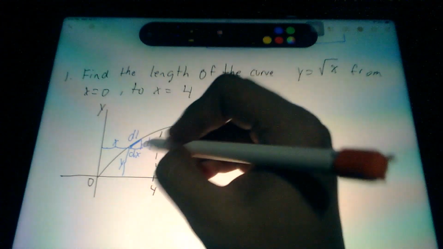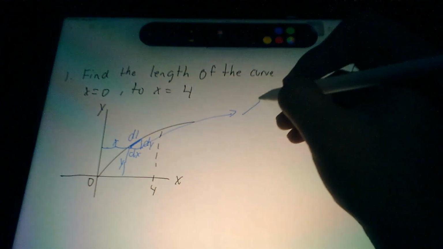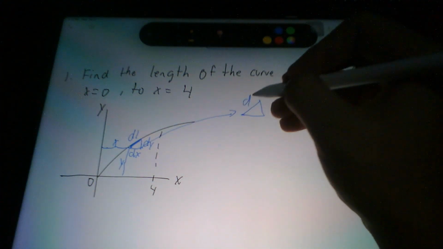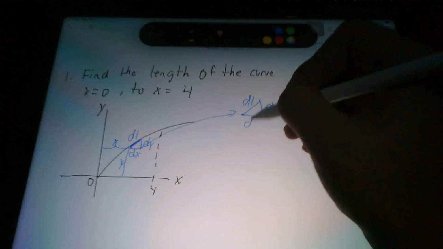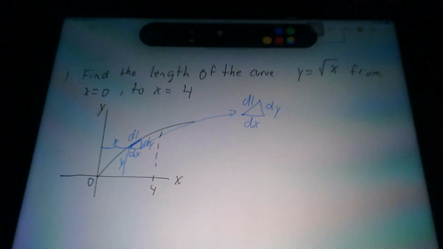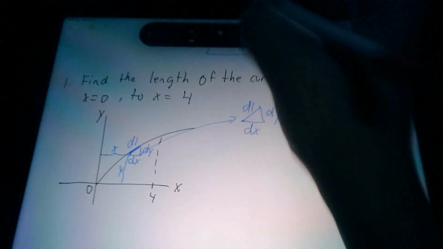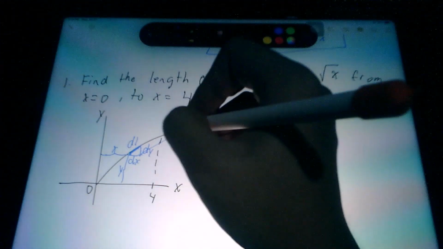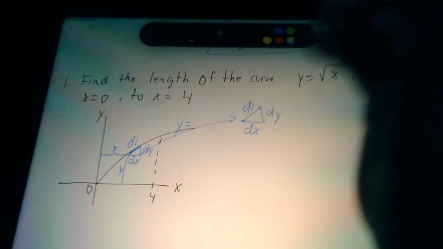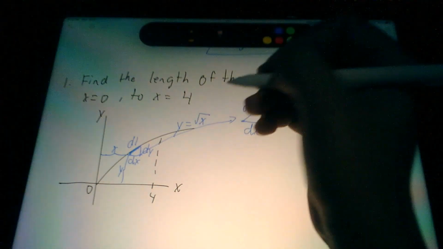So let's transfer here our strip. This is dl, this is dy, and this is dx. So as we're recalling our formula, this curve here is equals to y of square root of x.